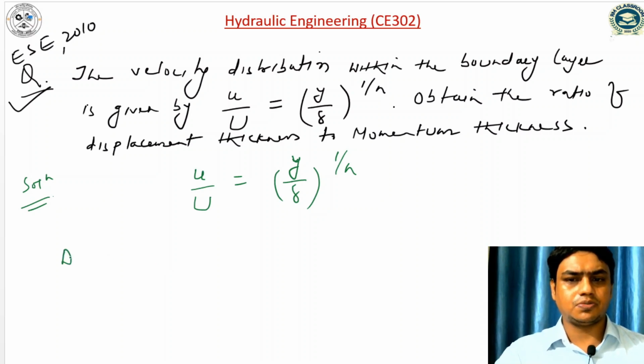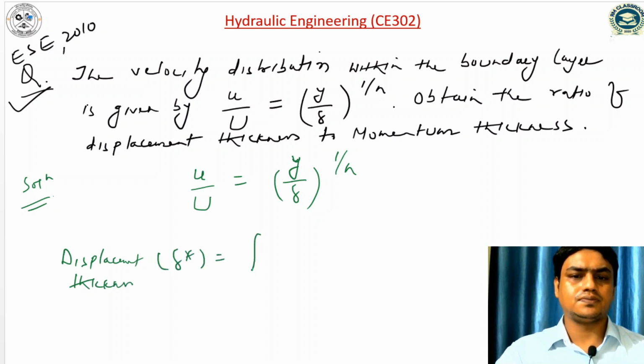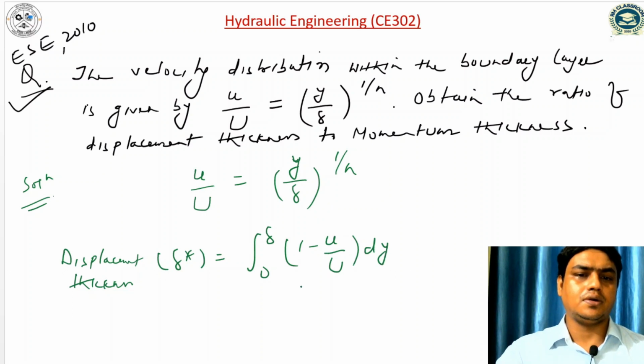So displacement thickness delta star is equal to the integral from 0 to delta of 1 minus u by capital U into dy.